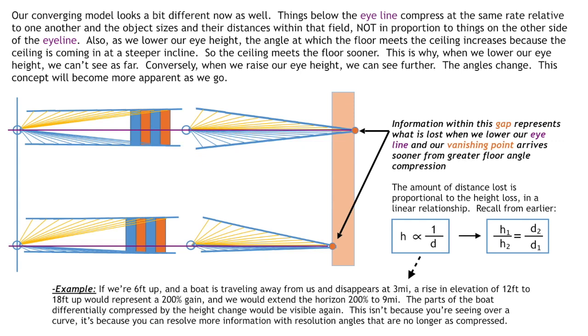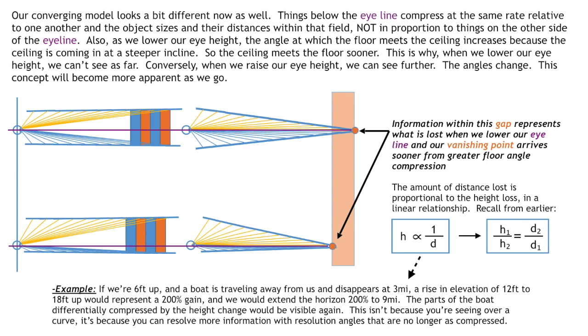So what ends up happening is that the vanishing point for the bottom amount of information is reached sooner, and this makes the top portion essentially come down at a steeper rate to meet that point at the vanishing point.